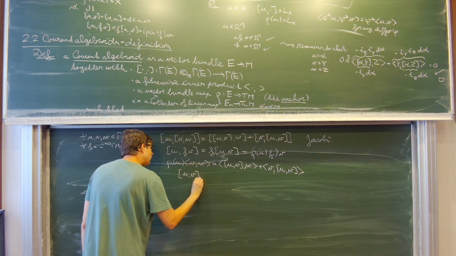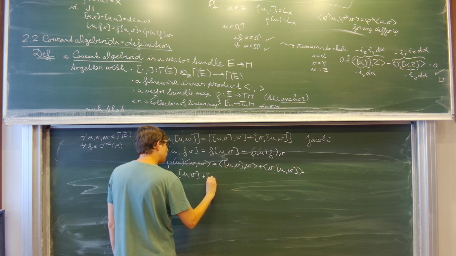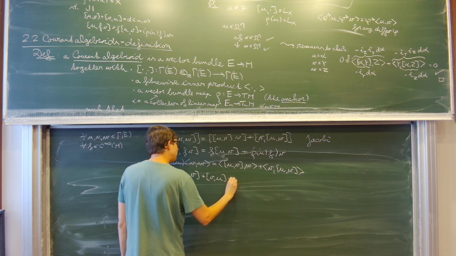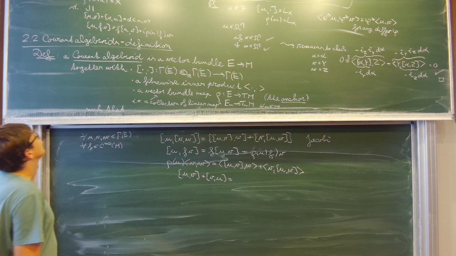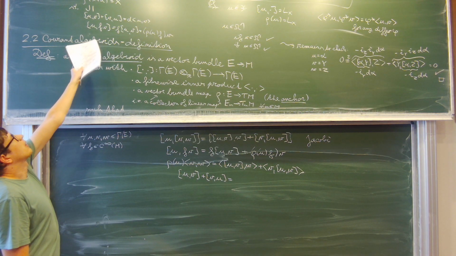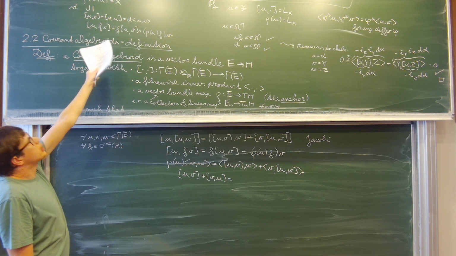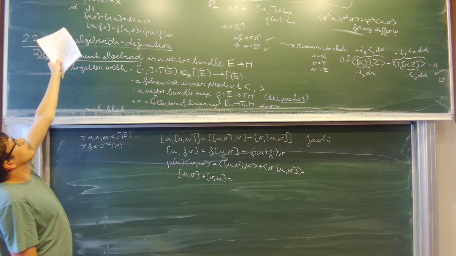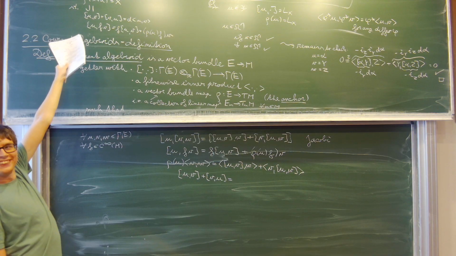So what did we have before? We had before that this thing was d of some function. But there we used the fact that if you take d of a function, you get a one form, and one forms live naturally in that object.